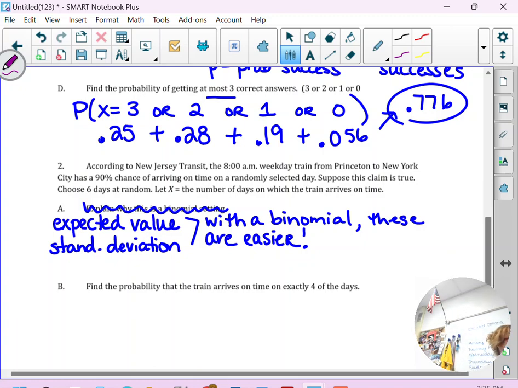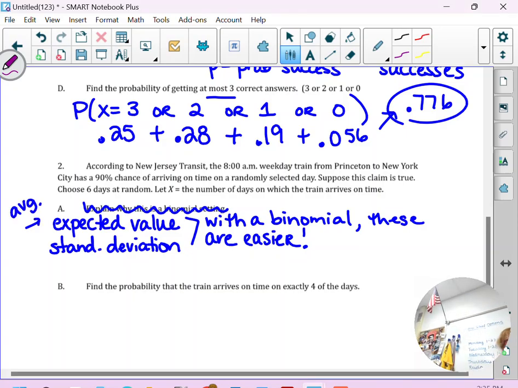We don't have to have the whole table. With a binomial probability problem, there's a very easy formula for expected or average value.